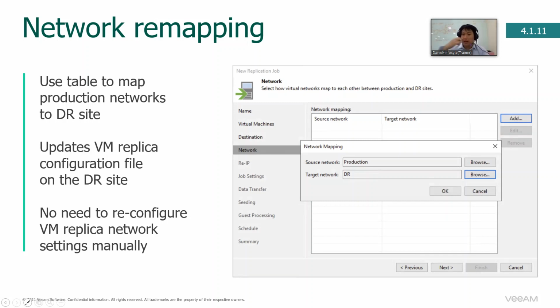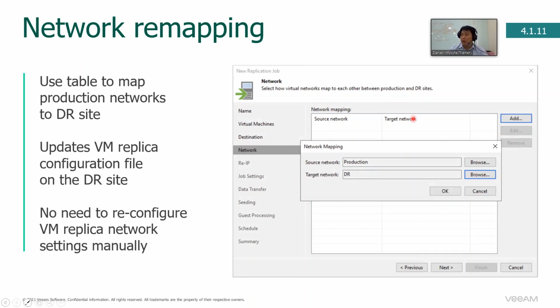So what happens is when I replicate my VM, the virtual machine will still be holding source network attributes in the virtual NIC card. Now, if you boot up the VM straight away, you will see that the virtual NIC card attributes are not valid anymore, because on the DR side they have a different configuration. So network remapping here is to change your virtual machine vNIC to the correct port group first.